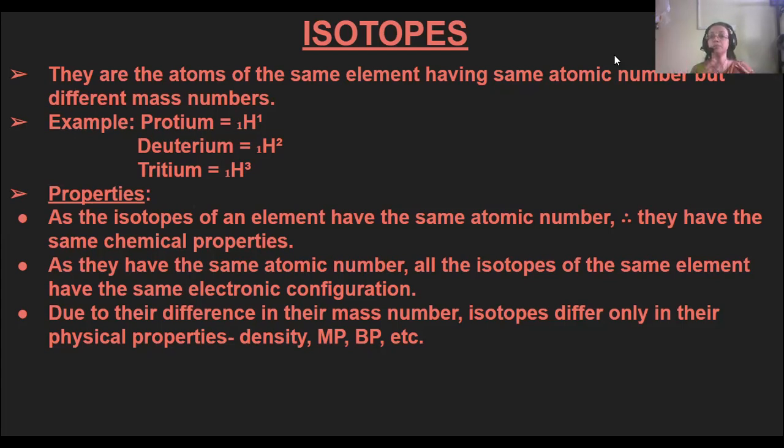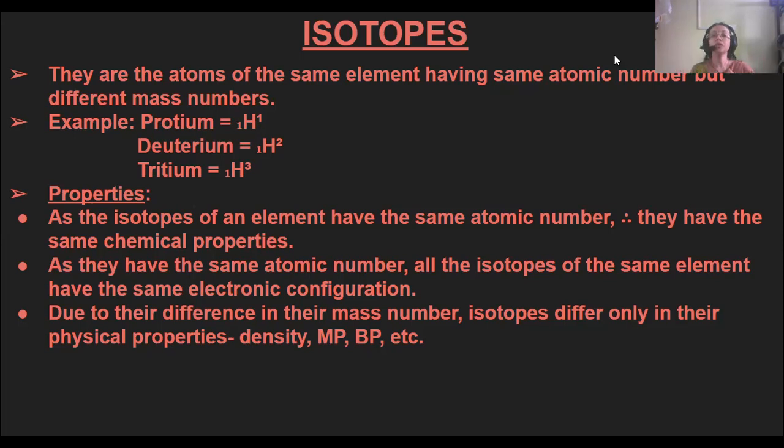For example, protium, which is hydrogen, has mass number 1 and atomic number also 1. Deuterium has mass number 2, and the atomic number is 1. Tritium has mass number 3, but atomic number is 1. But all three have the same symbol because they belong to the same element, that is hydrogen.